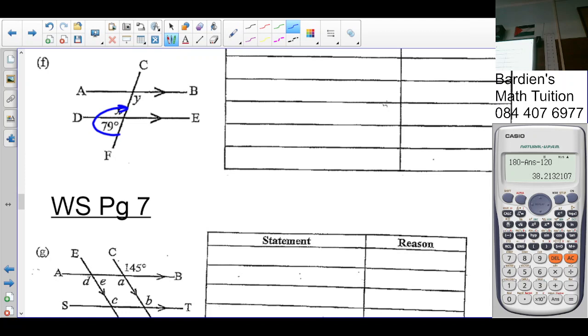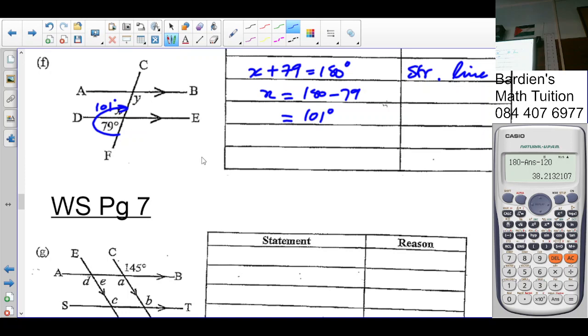And how do we sort your x out? x plus 79 equals 180. Why? Angles on a straight line. So x is equal to 180 minus 79, which is 101.